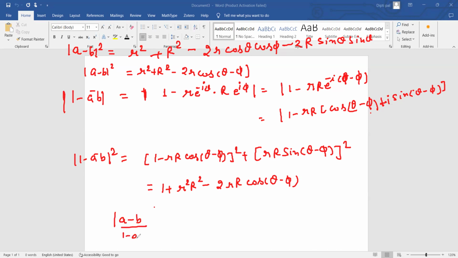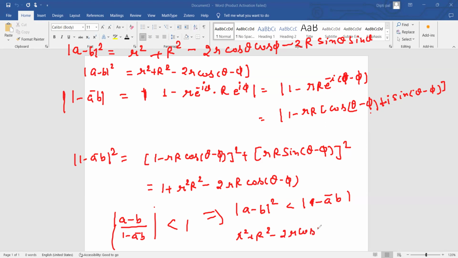Now we have modulus of (a minus b) upon (1 minus a bar b) less than 1. So its whole square will also be less than 1, meaning modulus of a minus b whole square will be less than modulus of 1 minus a bar b whole square. So just put here: r square plus capital R square minus 2 r capital R cos (theta minus phi) is less than 1 plus r square capital R square minus 2 r capital R cos (theta minus phi).